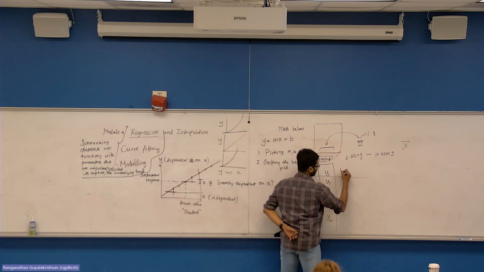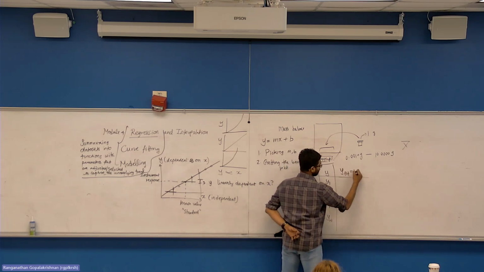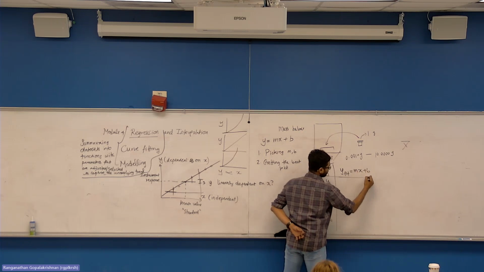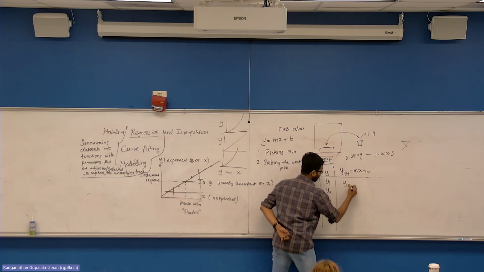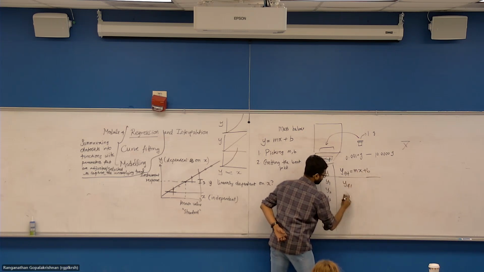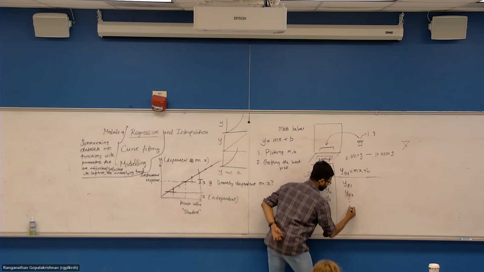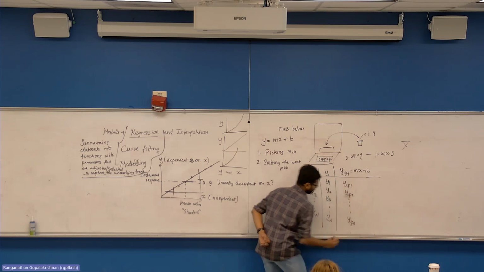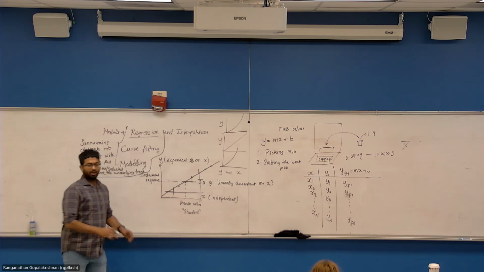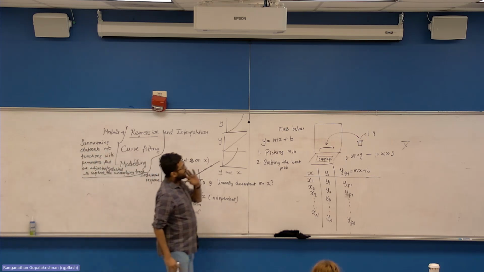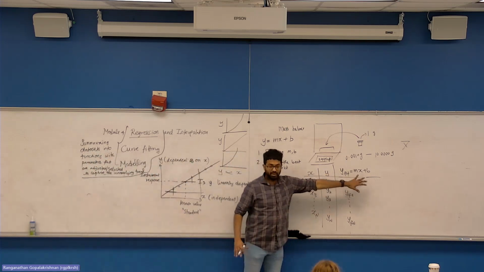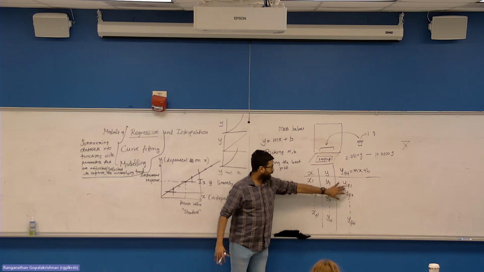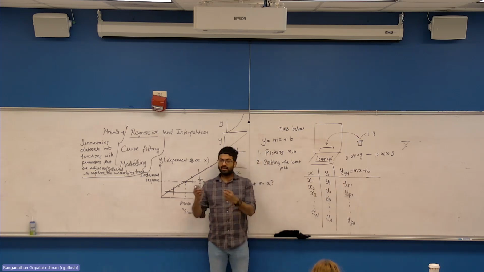And then I have y fit, which is equal to mx plus b. So I have y fit 1, y fit 2, y fit n. I'm saying in English, the correct best choice for m and b will make sure y fit and y are nearly the same.